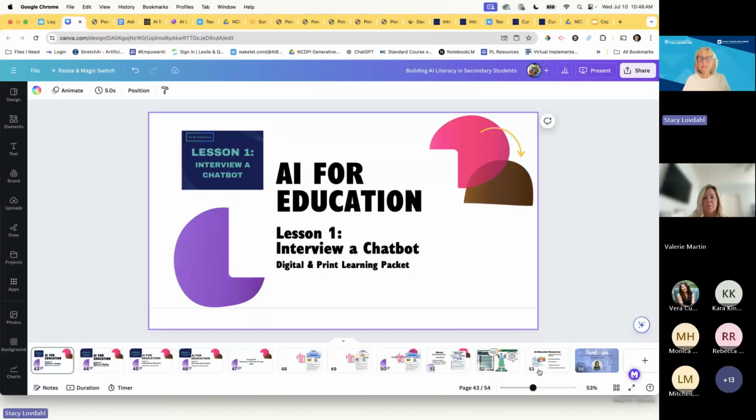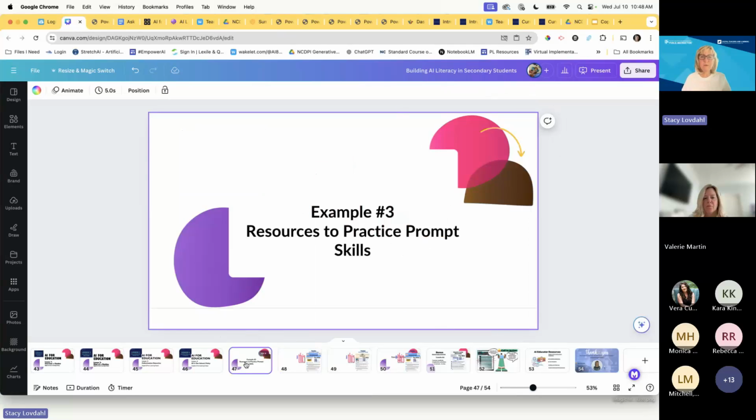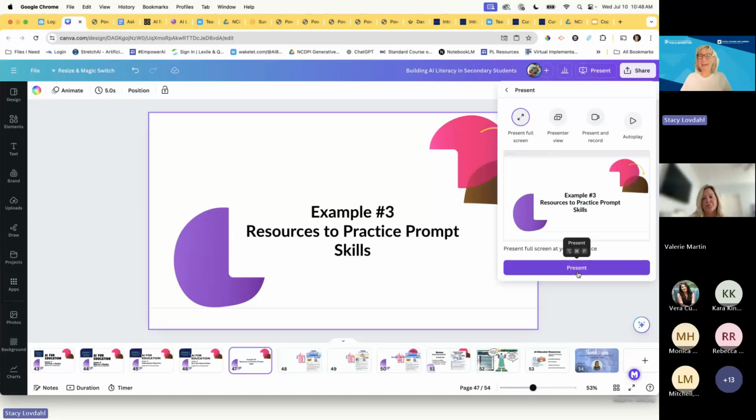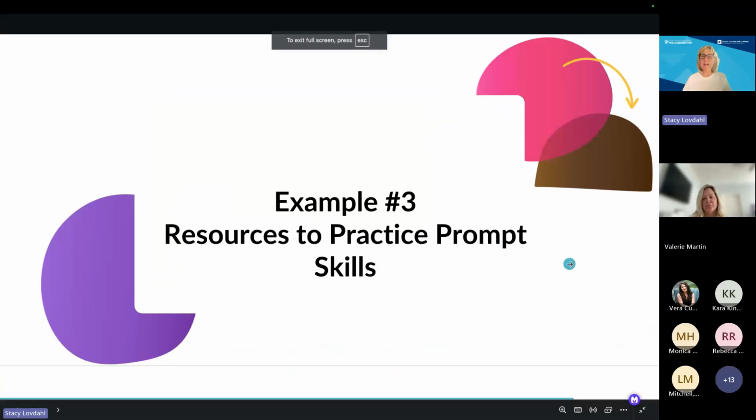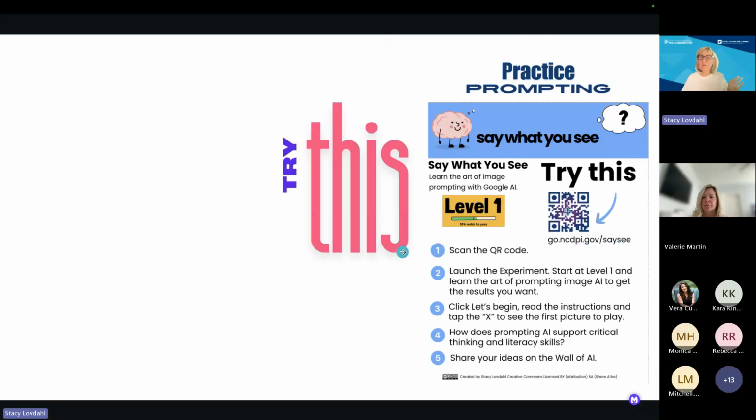Okay, so the next thing I'm going to slide forward to is example 3, resources to practice prompting skills. Suppose you only have a little bit of time and you just want to get kids good at prompting, and you're in a regular ed classroom and you're thinking, in addition to prompting, I want kids to practice their attention to detail and their metacognitive skills.